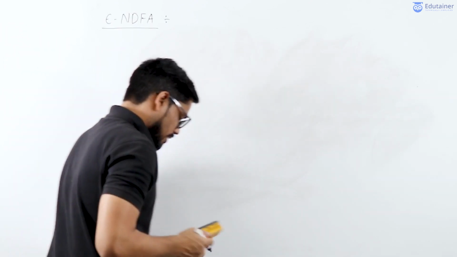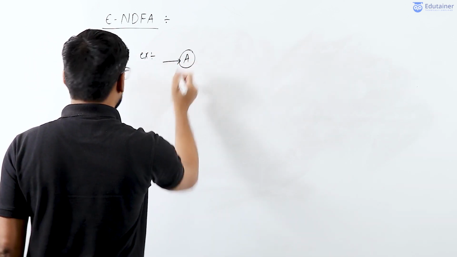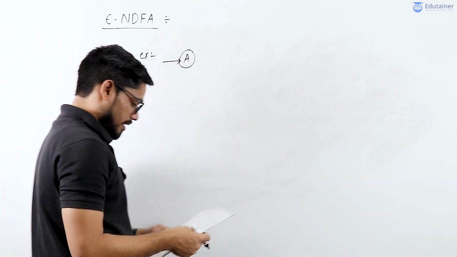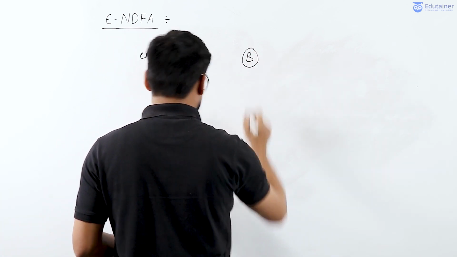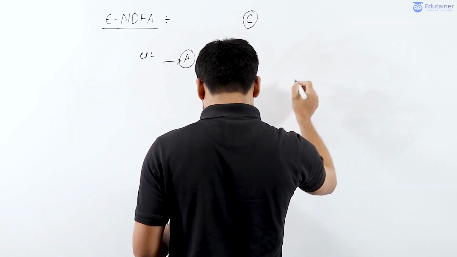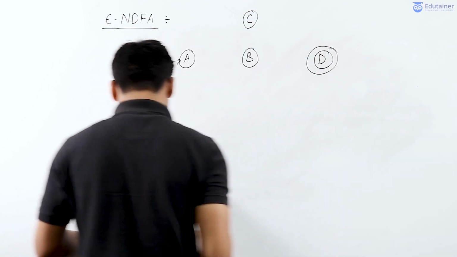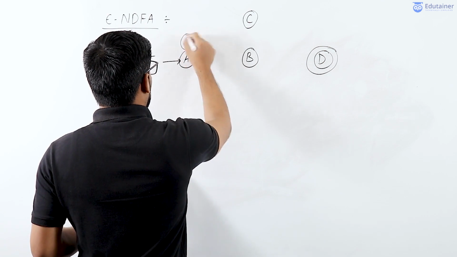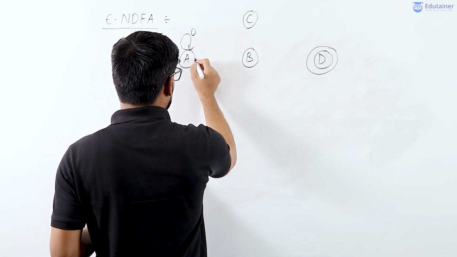So let's take an example. A is the initial state, then B is another state, C is another state, and D is the final state. These are the 4 states available in this epsilon NDFA. A will read 0 and go to A itself.